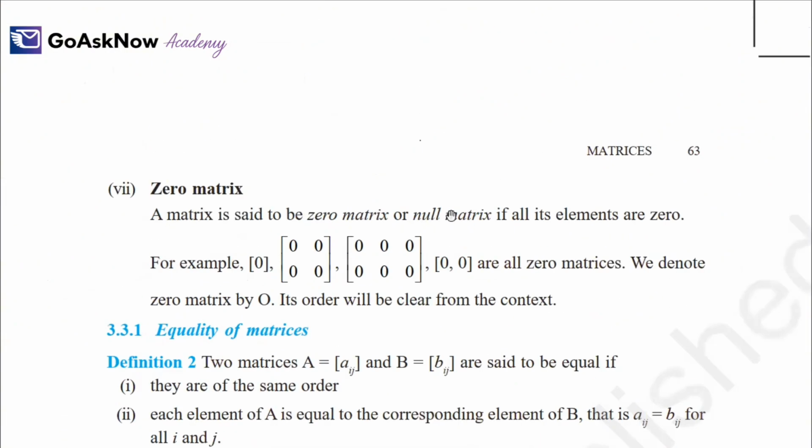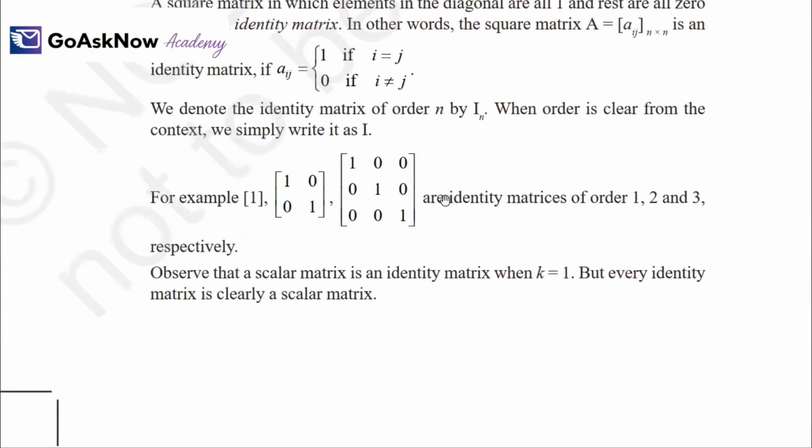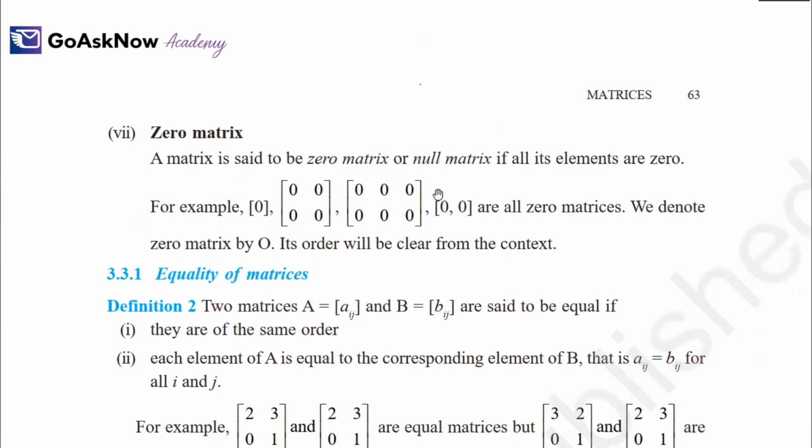Now, the last, the seventh type of matrix given in your book, is the zero matrix. A matrix is said to be a zero matrix or null matrix if all its elements are zero. Zero means nothing. So matrices with all elements zero, of any order, are all zero matrices.